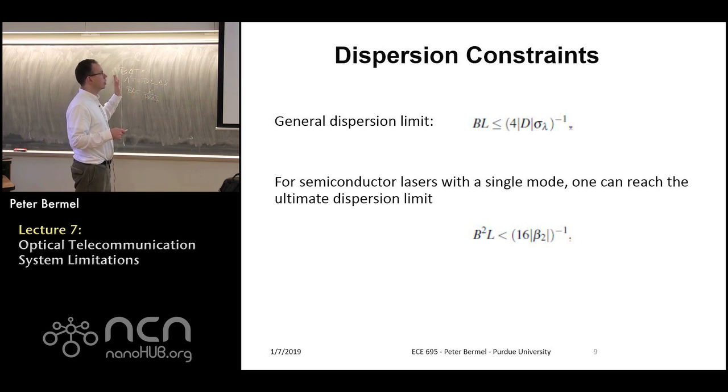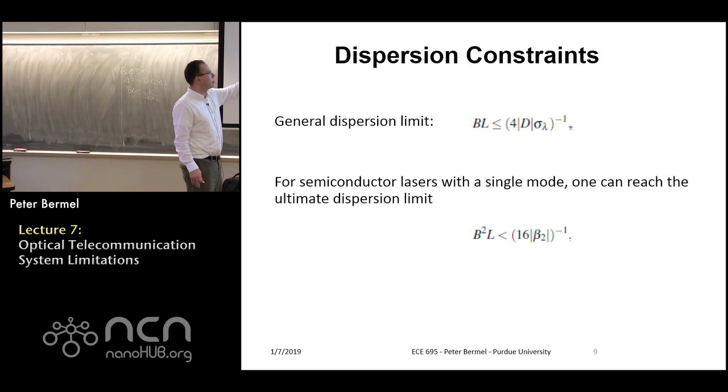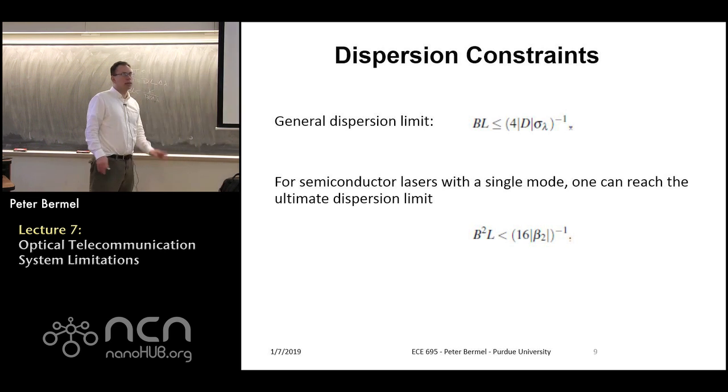And you can also potentially couple to single mode, which will allow you to reach what we call the ultimate dispersion limit, which is a limit where you're not being constrained by the source, but you're just being constrained by the fiber. And so here, the delta lambda is exclusively coming from the fiber.